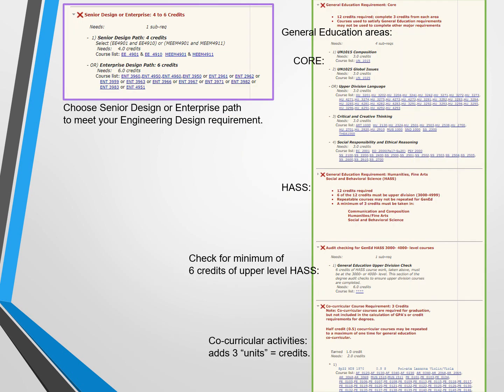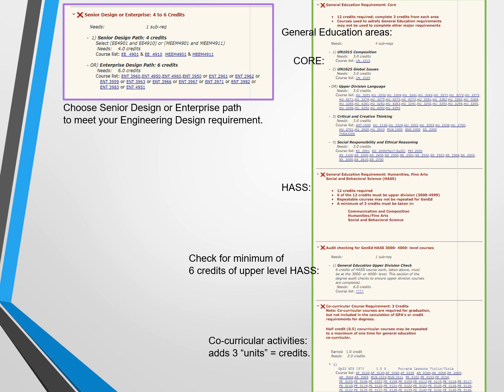Following the major requirements and technical electives areas, there is a section for meeting your engineering design requirements through either the senior design path, which is 4 credits, or the enterprise path, which is 6 credits, beginning with the junior level enterprise project work. The general education requirements are easy to follow and are listed toward the bottom of the degree audit report.